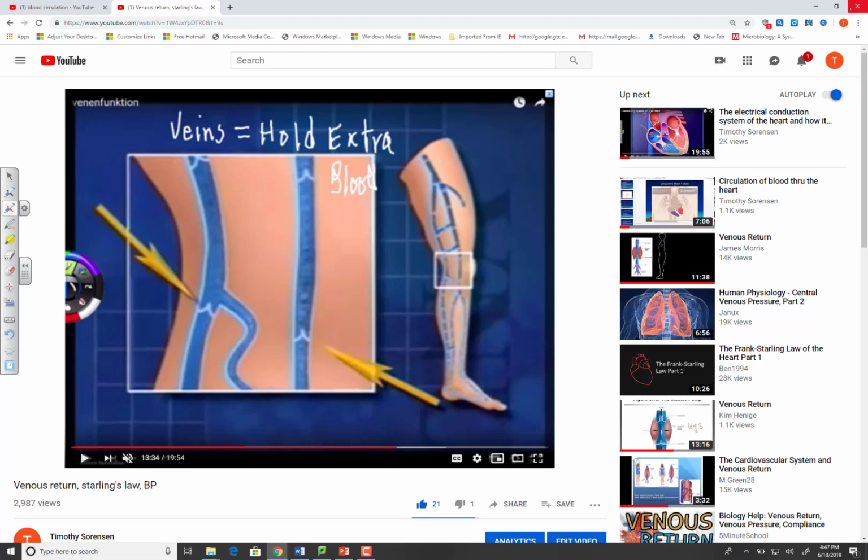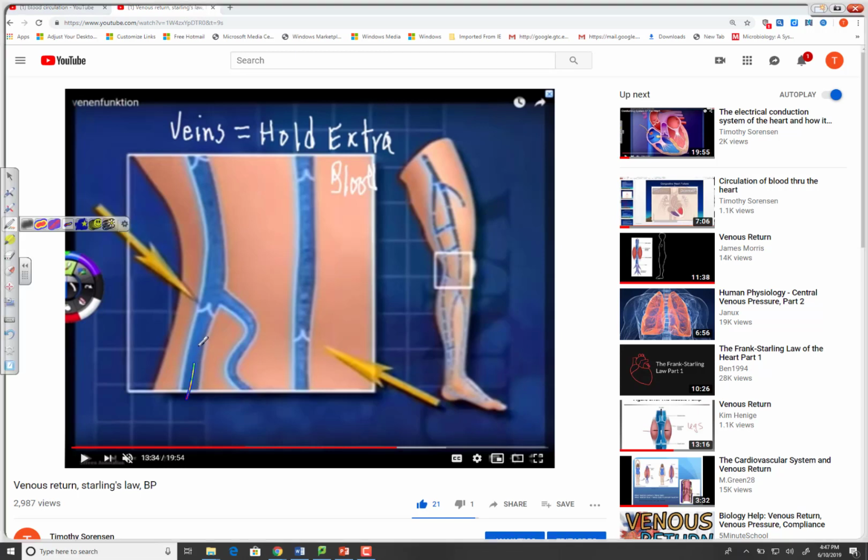And by gravity, all of that venous blood that was stored in their legs will now come back to their heart. That's why when someone's blood pressure is low, you put them on their head. And you put them on their head because there's no pressure in the veins, and the only way to get that venous blood back to the heart is by taking advantage of gravity.